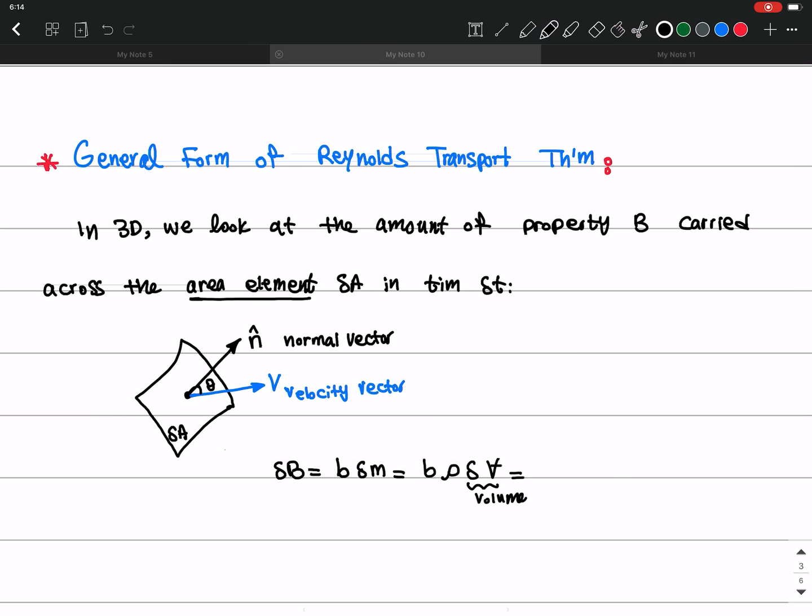And this is going to be b times rho times, instead of delta V, delta A, which is this delta A that I've shown here.